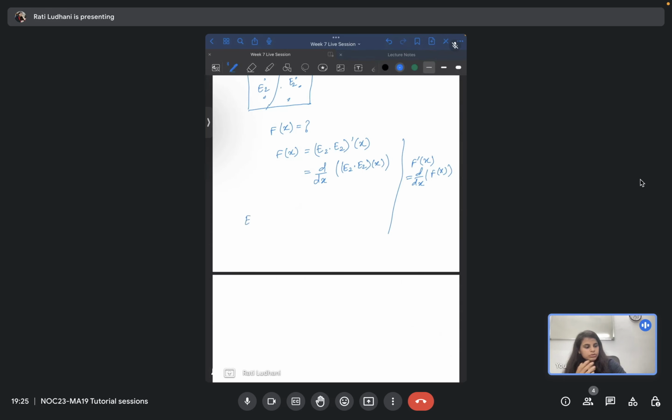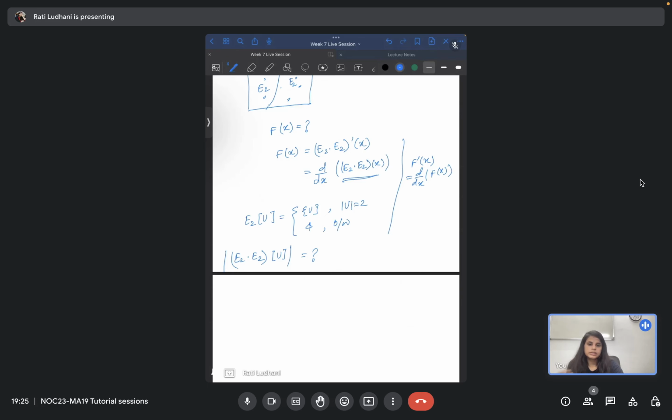So what is e2 again? E2 is the singleton set when cardinality of U is 2, and this will be empty otherwise, right? So what will be e2 dot e2? Again for the exponential generating series, we need to have this value, right?